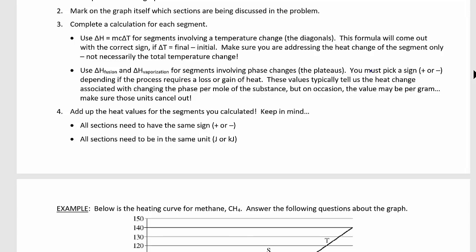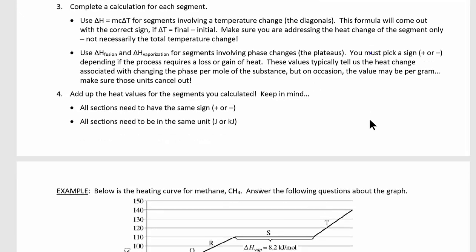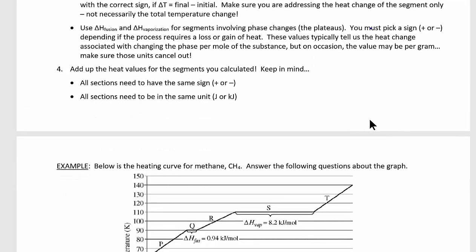These values typically tell us the heat change associated with changing the phase per mole of a substance. On occasion, the value can be given in grams instead of moles, so make sure you put your units and cancel them out, okay? Because if you don't, you could mess that up. Next step is you're going to add the heat values for the segments you calculated.